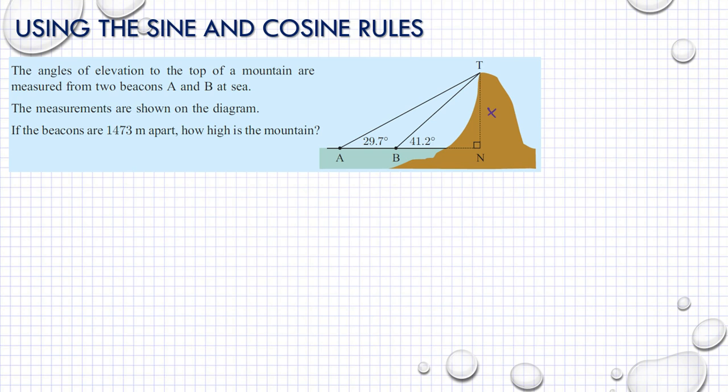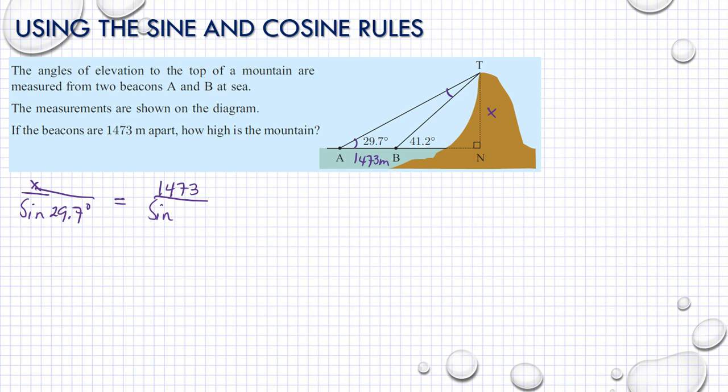But according to what we learned, we have x over sine 29.7 degrees equal to, since this side is 1,473 meters, 1,473 over sine of something that is opposite this side.